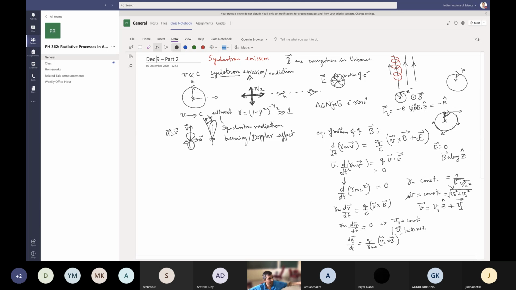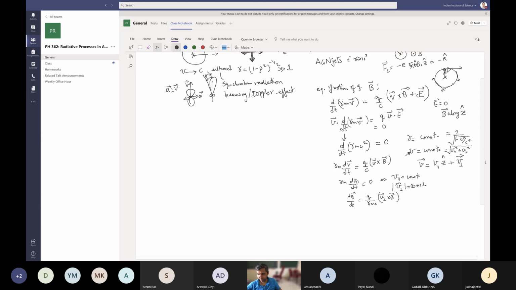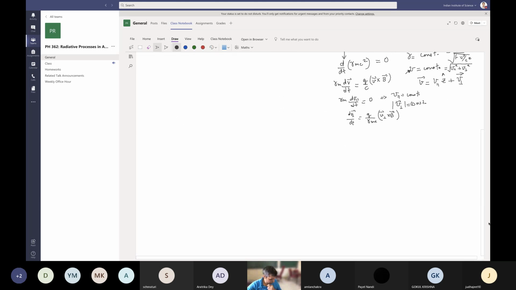And the magnitude of v perp is a constant. So this just describes this circular motion mathematically. And what does the motion look like? This motion corresponds to circular motion.